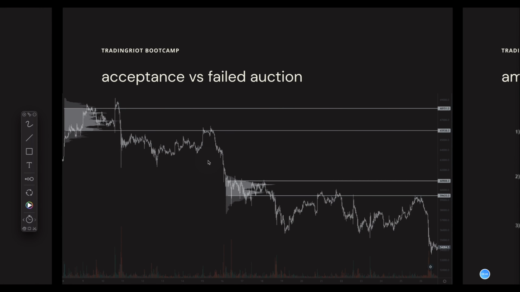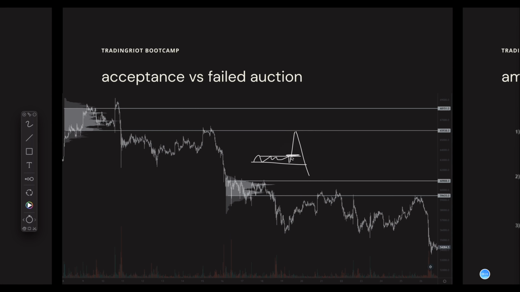Time is a good measure for acceptance. The longer the market spends outside of the level, the more likely it is to accept. This is why, for example, when you have some sort of a cluster or value and the market breaks from it, I'm not just sticking the limit order here after the first candle, because what very often happens is this.